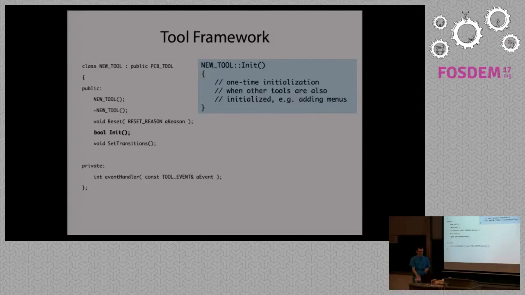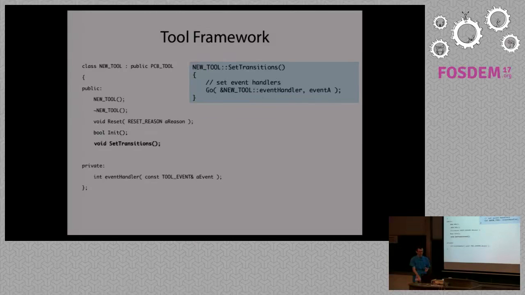I will show you later. And there are also transitions. The setTransitions method associates event handlers with particular methods in the class. So, let's say as in this example, if event A arrives, then an event handler is responsible for handling the event.